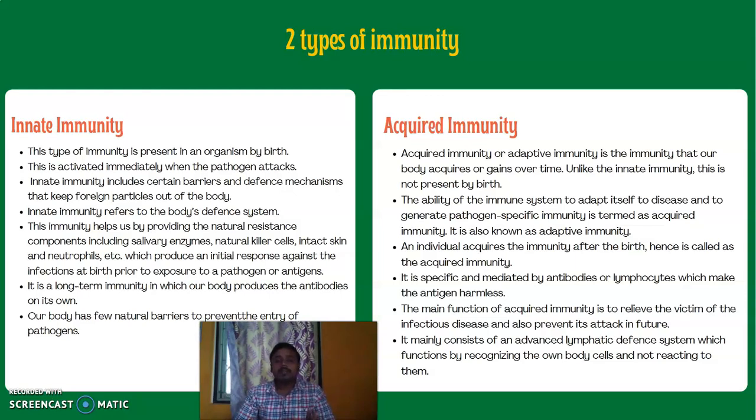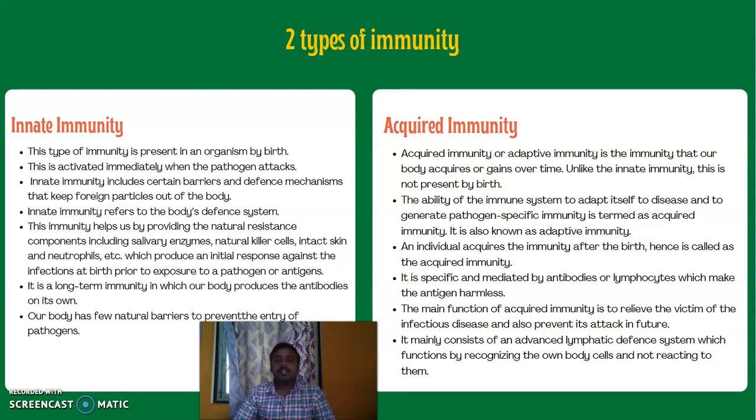So every time an organism or pathogen attacks you, it will treat the pathogen as a new pathogen. Whereas acquired immunity has immunological memory, so that if a similar pathogen attacks the next time, the acquired immunity will easily kick it out. So these are the few basic characteristic differences between innate immunity and acquired immunity.